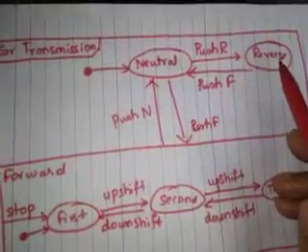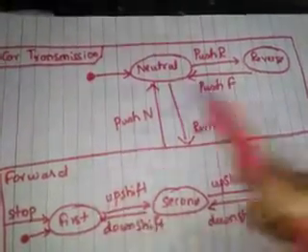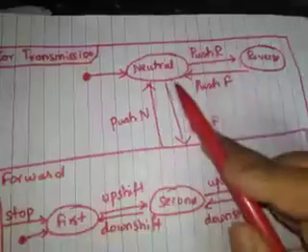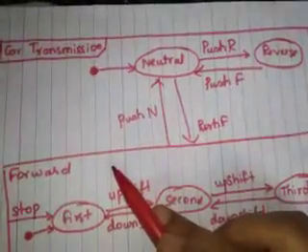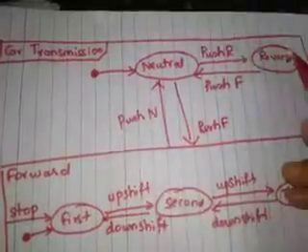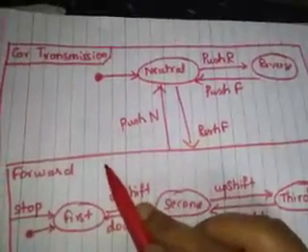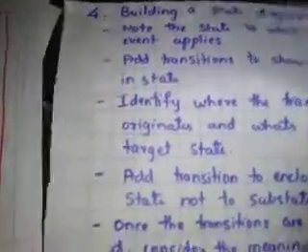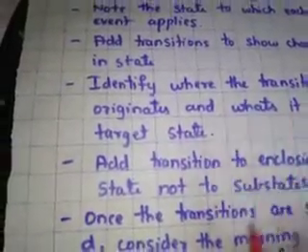Similarly, if you want to go from reverse to the forward state, from reverse you go to neutral, and from neutral you go to forward, right? So the initiation is from the reverse state and the target was forward. So identify where the transition originates and what its target state is.